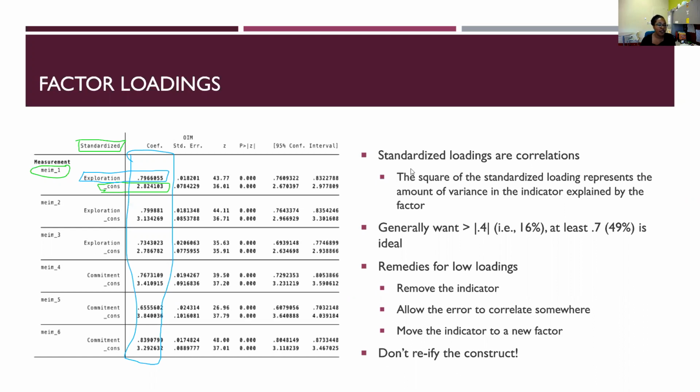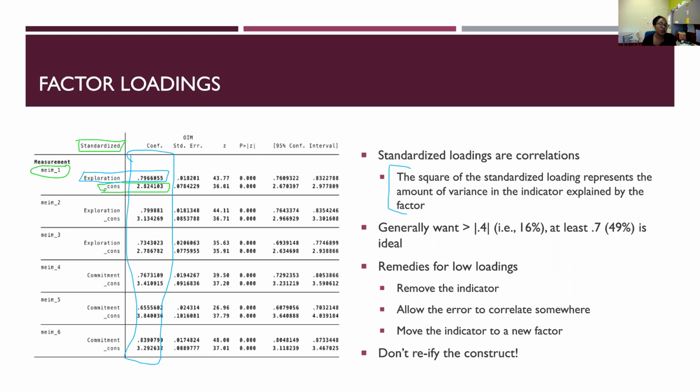If you remember from regression, the square of that represents the amount of variance in the indicator that's explained by the independent variable, which in this case is the factor. You want your construct to be explaining most of the variation in each individual item, because that means that item is actually measuring that construct. If we have 0.4, then 16% of the variation in this one item is caused by this construct. But really, wouldn't you want at least half of it?